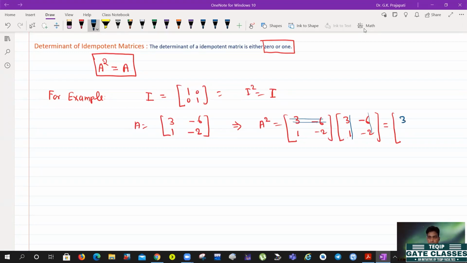First row, second column, we get 3 into -6, -18, plus 12, that is -6. Now we multiply the second row with the first column: 1 into 3, 3, minus 2, that is 1. Multiply again the second row with the second column, and we get 1 into -6, -6, plus 4, that is -2.